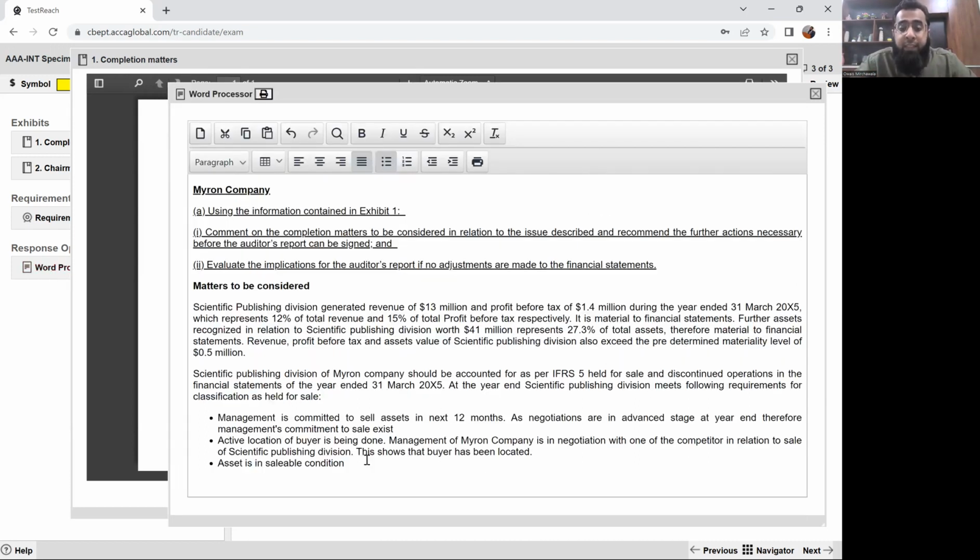Okay, as Scientific Publishing Division is a separate cash generating unit, therefore, it can be sold separately. Okay, so it is in saleable condition. It is not like that we have to find some replacement assets.